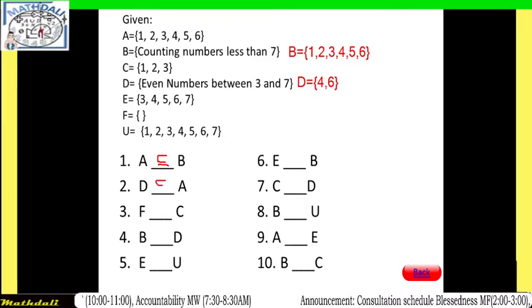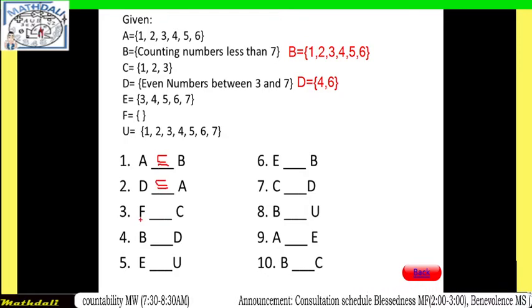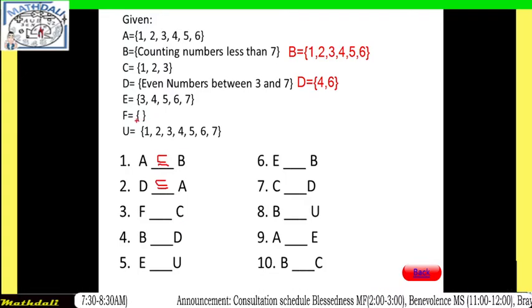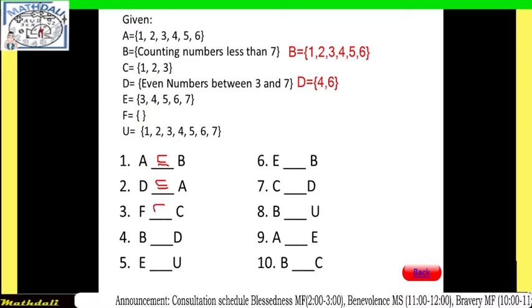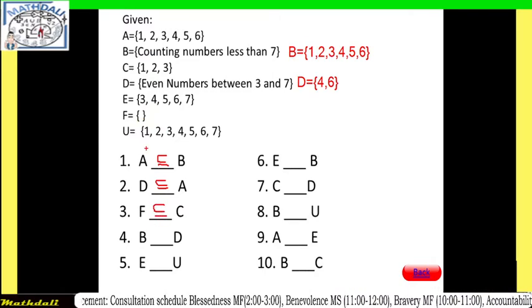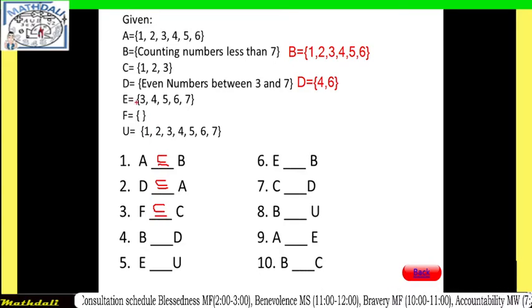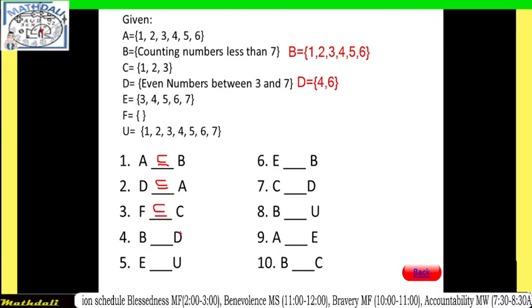So that is a subset of set A. Next, set F and set C. Ang set F natin is an empty set, so definitely that is always a subset of any set.